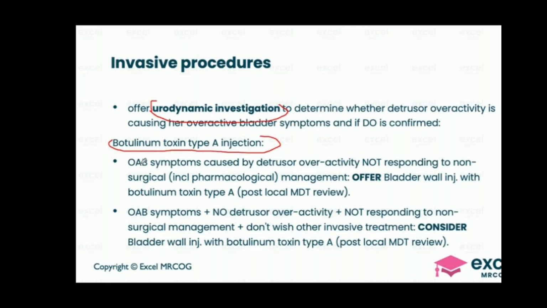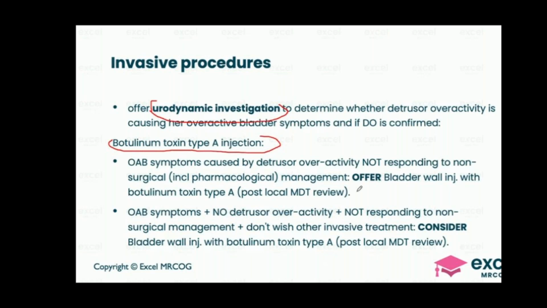Now, if OAB symptoms are caused by detrusor overactivity, not responding to non-surgical measures, you will offer bladder wall injection of botulinum toxin.